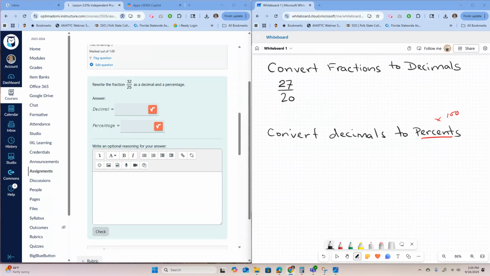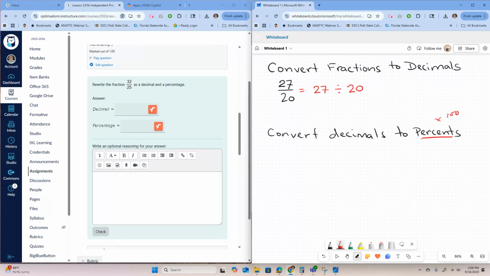So in question number 2, they gave you a fraction. Again, I'm doing a similar problem. The way you convert fractions to decimals, basically what you have to do is divide. A fraction is a division problem. You always divide the top number, the numerator, by the denominator, the bottom number.